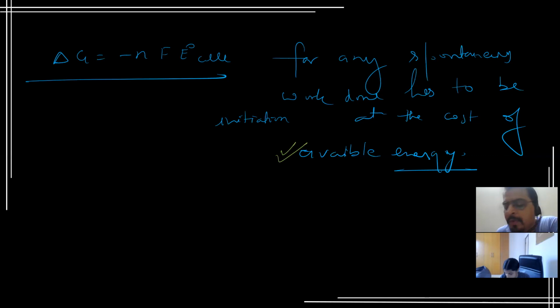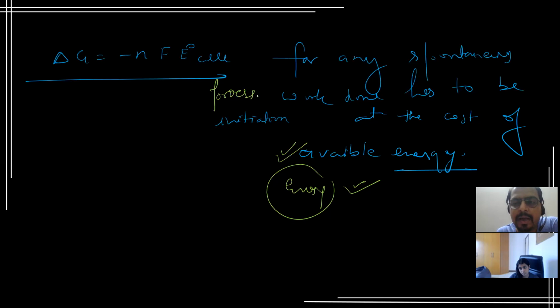So you want to do some work again, some input. Why? Because now you got the energy in the body. In the similar manner, there is energy available in the system. So for any spontaneous process, work done has to be initiated at the cost of available energy. Have you understood the meaning of this statement?